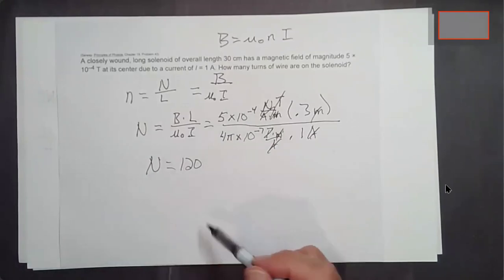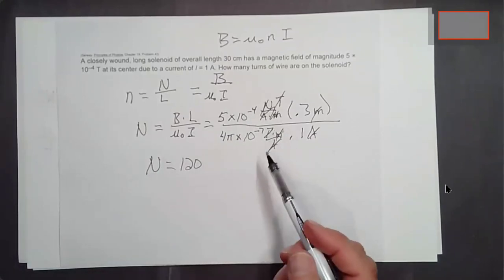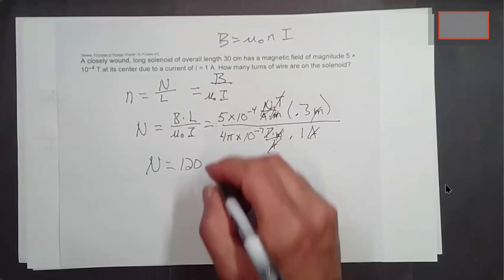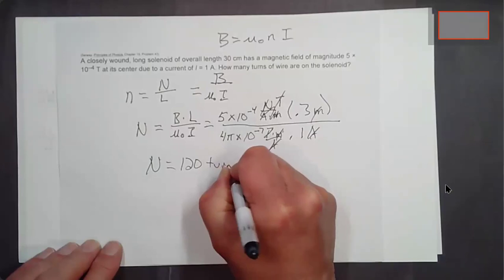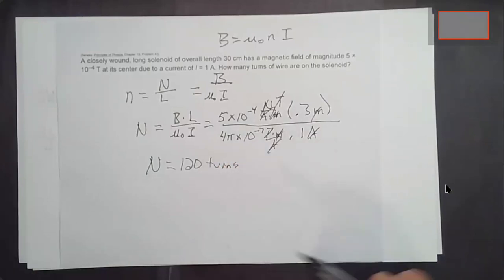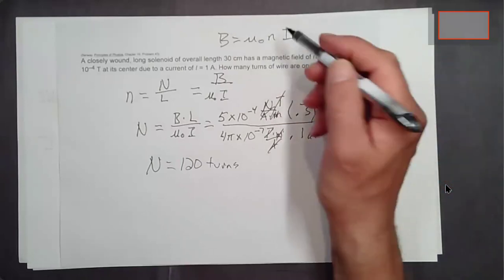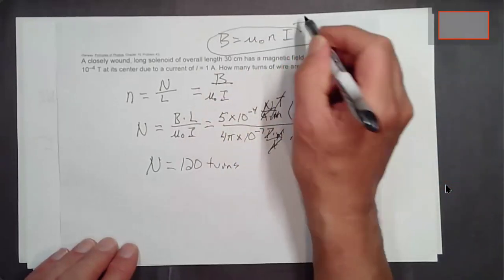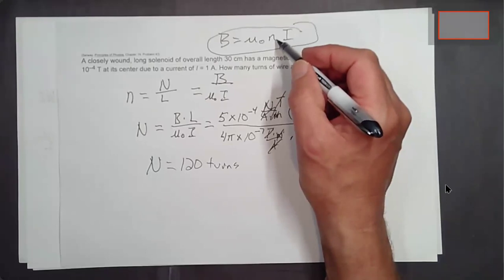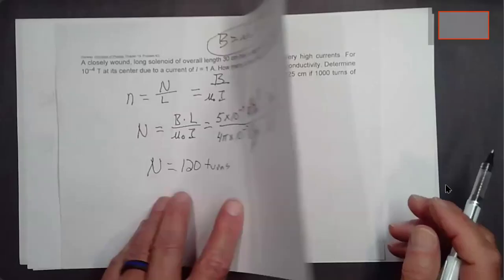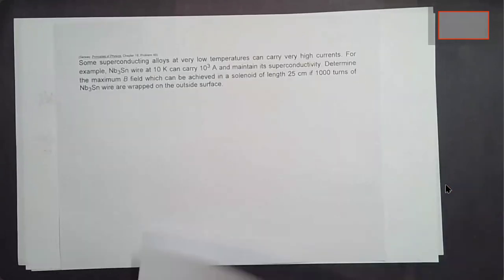Supposedly we would only have one significant figure, but we'll just go with that. Anyway, I had to use the magnetic field of a solenoid, where N is the number of turns per unit length. This one wasn't too bad, actually.